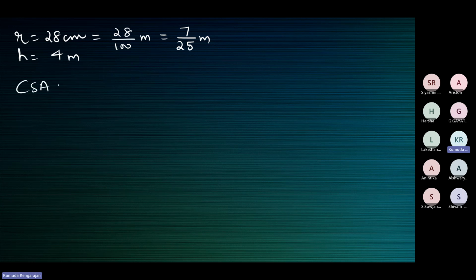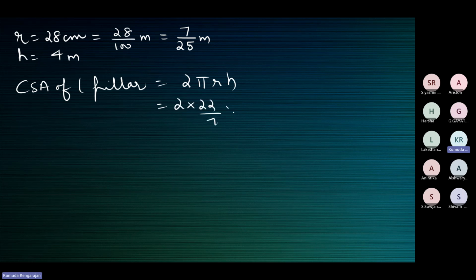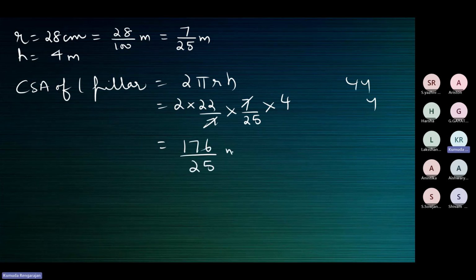So the CSA of one cylindrical pillar is equal to 2 pi RH. So 2 into 22 by 7 into R, which is 7 by 25, into H, 4 meters. 7 cancels out. 2 into 22 is 44, 44 into 4 is 176 by 25 meters squared.